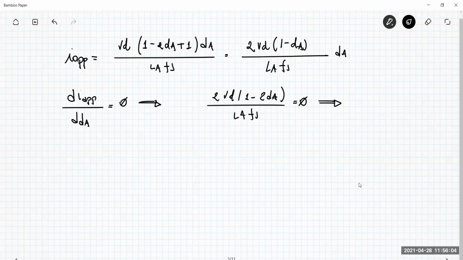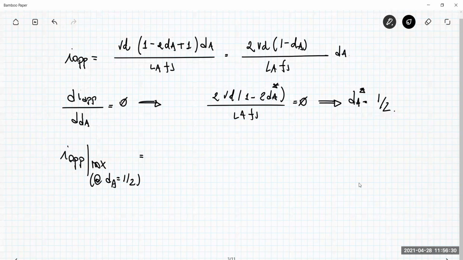Let me put here dA star, the duty cycle for which you get the maximum. This is 1/2. In that situation, the maximum peak-to-peak ripple is obtained for 1/2.